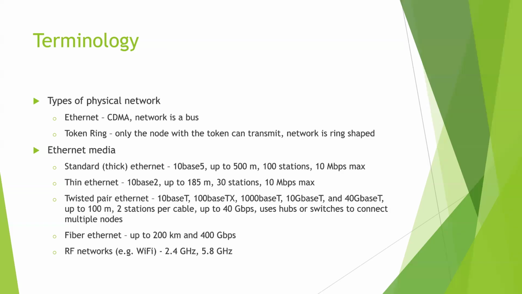And then if nobody is, it will start transmitting a signal while trying to detect if there's any collision. So say two nodes start transmitting at the same time. As those signals meet, there's interference, and the node will detect that and discover that there's a collision there. And when it sees that collision, it will stop, back off some random amount, and then try again.